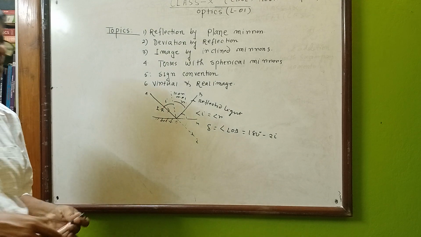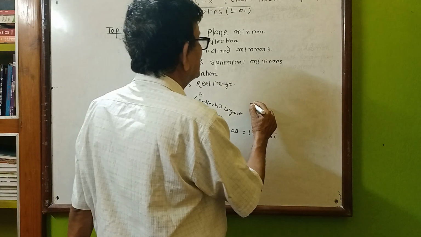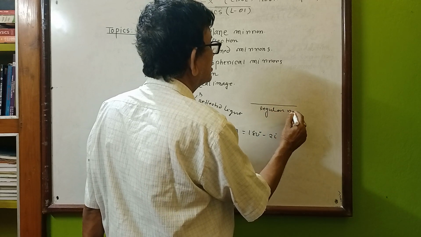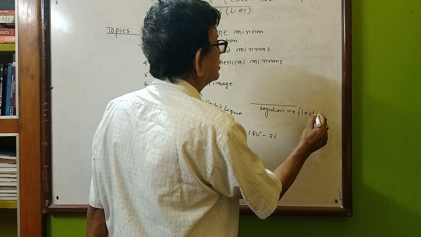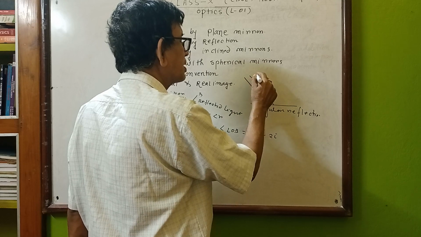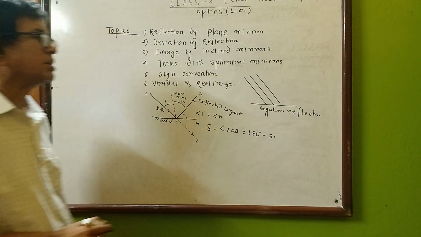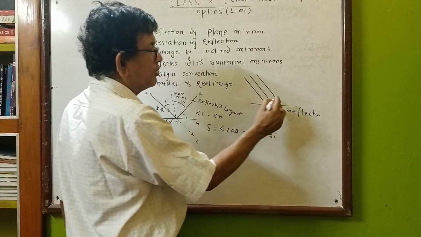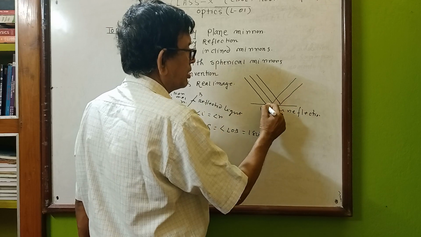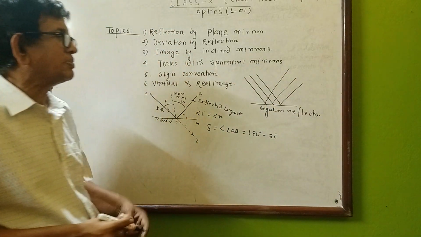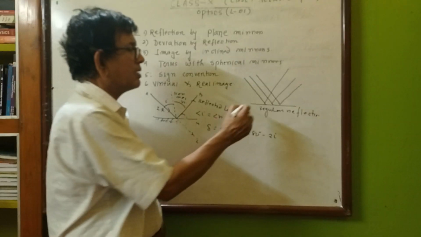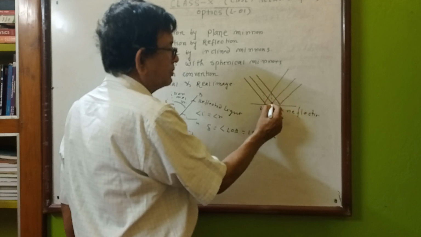Now there are two types of reflection that we generally observe. One is regular reflection. What is regular reflection? Suppose parallel rays are incident on a mirror. After reflection every ray follows the general law of reflection. They are incident parallel and they are reflected in a particular direction, every ray following the laws of reflection.